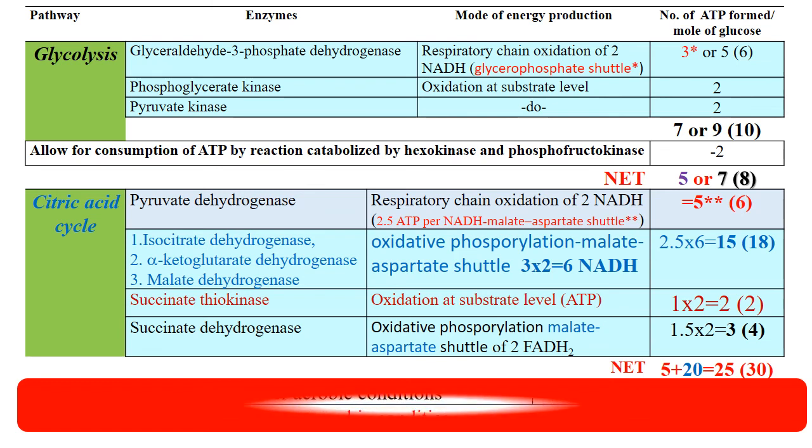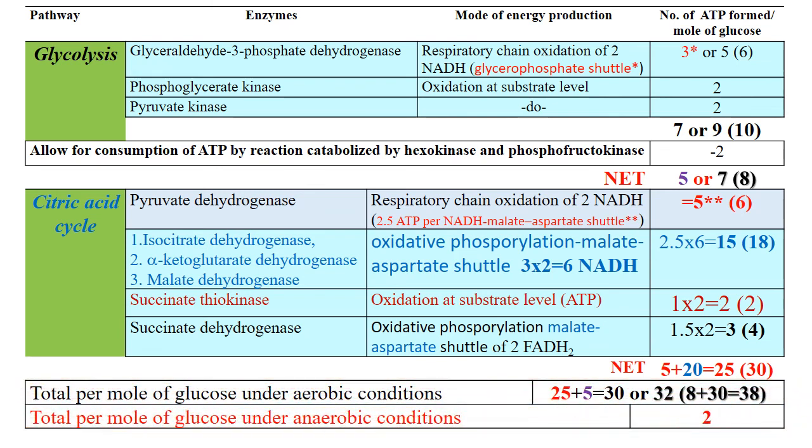So 25 plus 5 is equal to 30, or if we consider 7 ATPs in the glycolysis, then we have a value of 32, whereas the old values are 38. But we will consider only the production of 30 or 32 ATPs as a result of oxidation per mole of glucose under aerobic conditions.